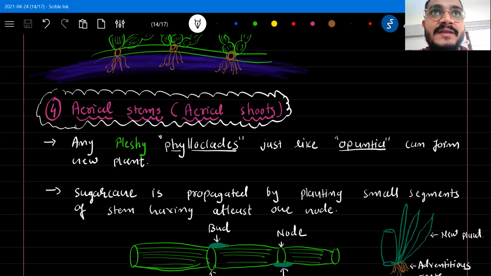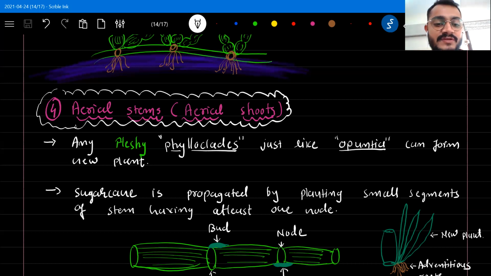We know that in the majority of plants, the leaf is the only part which contains chlorophyll and performs photosynthesis. But in some plants the stem contains the chlorophyll, and that stem performs photosynthesis. Those stems are called phylloclades.